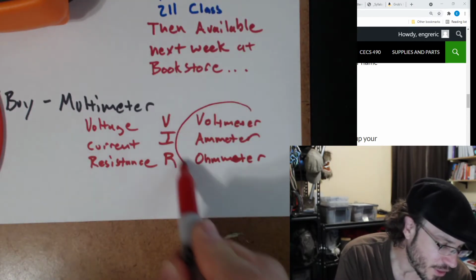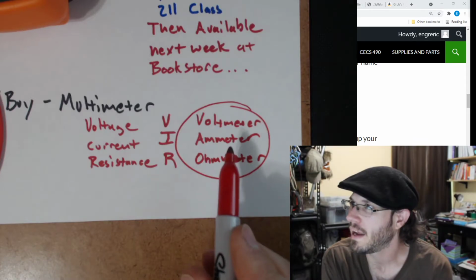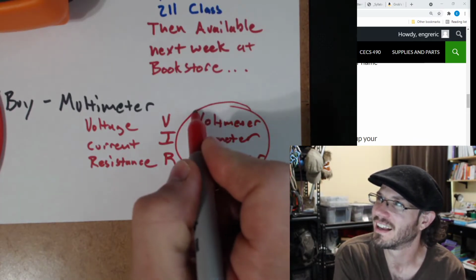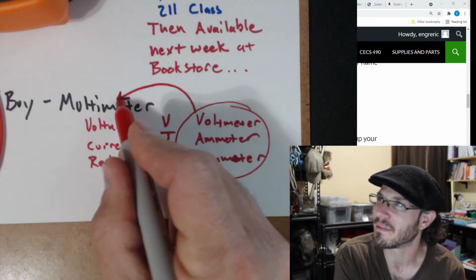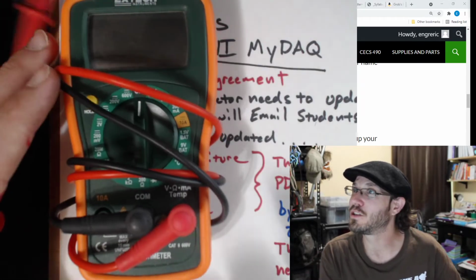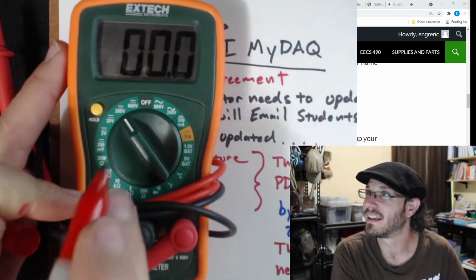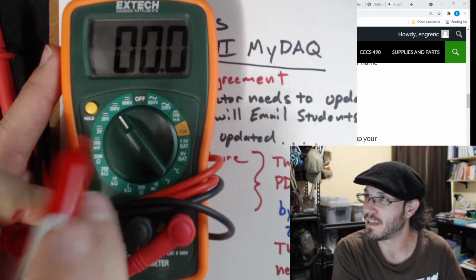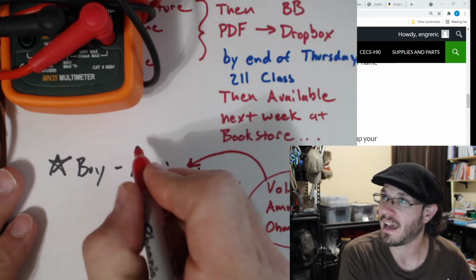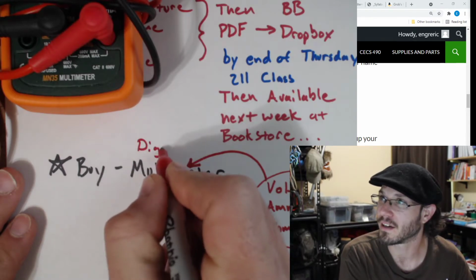And if we put all three of these together, we have a multitude of quantities to measure, then we get a multimeter. If we then attach a digital screen to the measuring of these multitude of quantities, then we have what's called a digital multimeter.